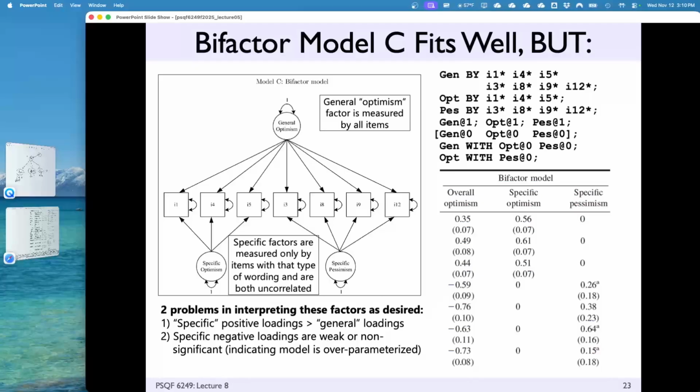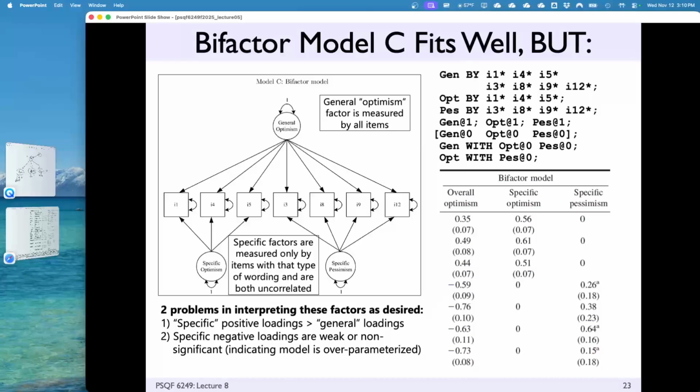Hedeker and Gibbons did a paper showing how to do this with item response theory, so it brought a whole bunch of other people in, and they're back. You'll see these a lot. But basically, bifactor models have a general version of the trait, and then specific optimism and specific pessimism themselves.